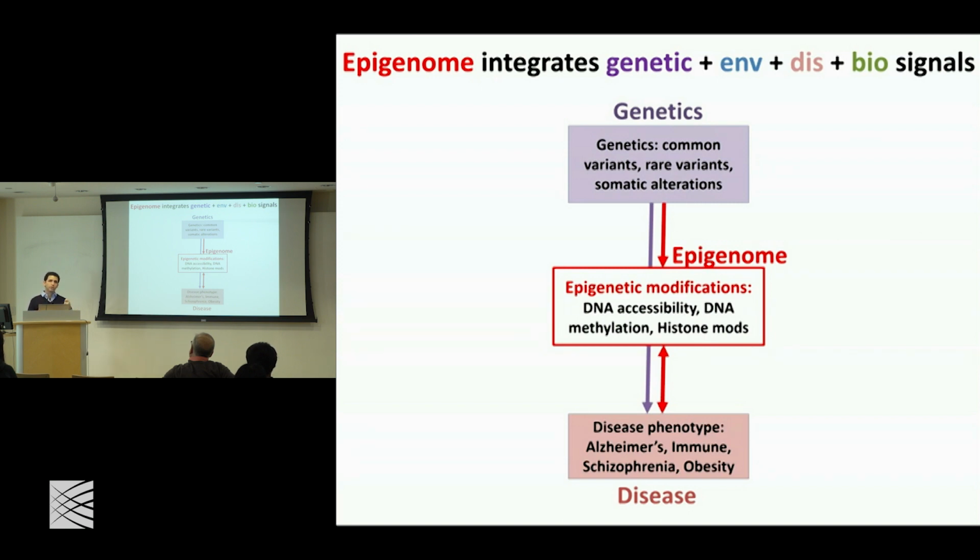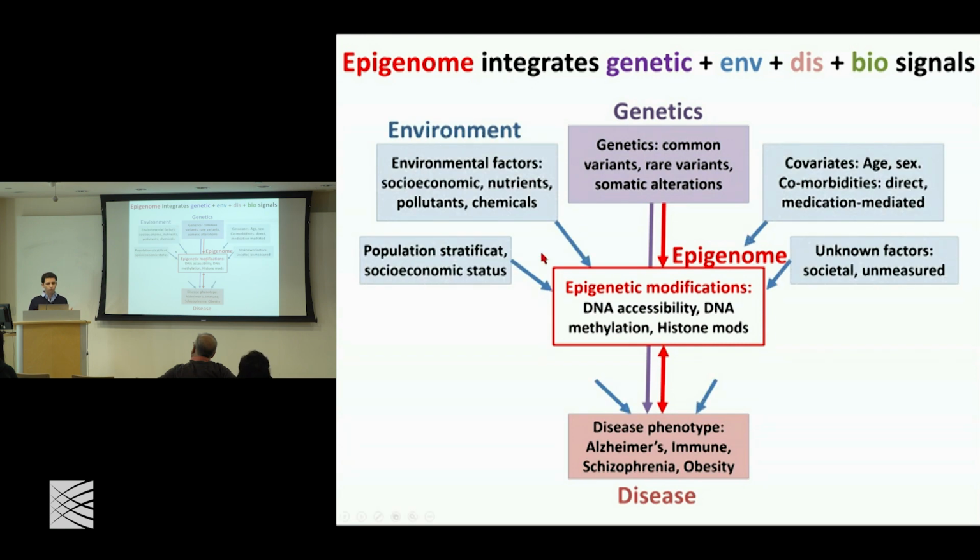But the epigenome can also give us insights not just on how genetic variation acts in every cell type, but also how it varies from person to person. It can also tell us how the phenotype is in fact affecting the molecular processes of the cell, because the epigenome is governed not just by your genetic makeup, but also by your environment.